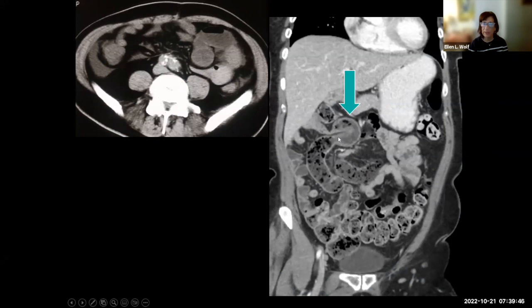We don't actually see the adhesion itself, but we see the result of it. It's another C-shaped loop in this projection, but on the axial, it was hard to diagnose. So having additional planes, coronal, sagittal, can be helpful. Sometimes we even need to do oblique reformats. Note the small bowel feces sign as well here.